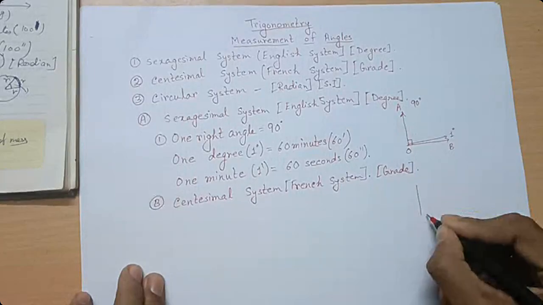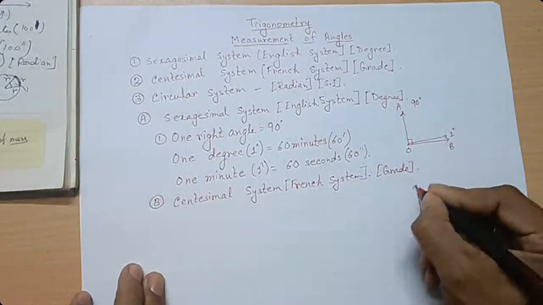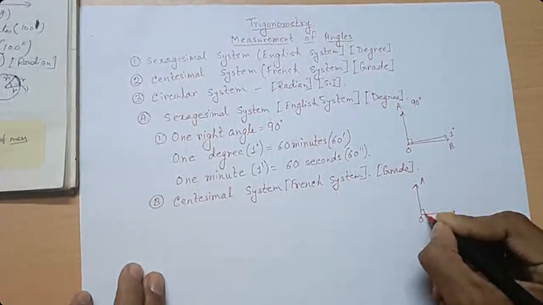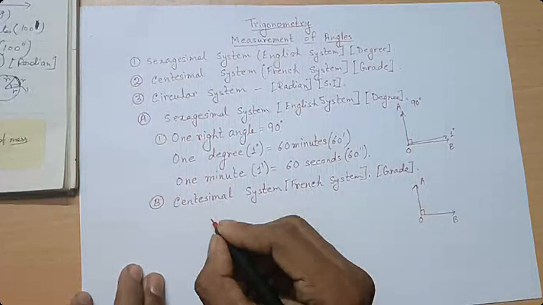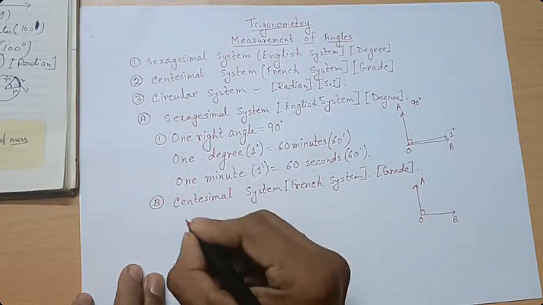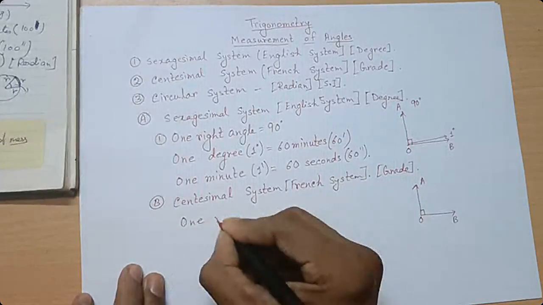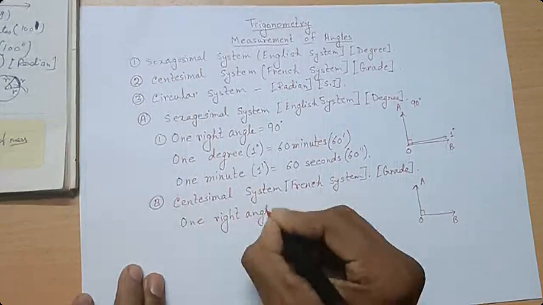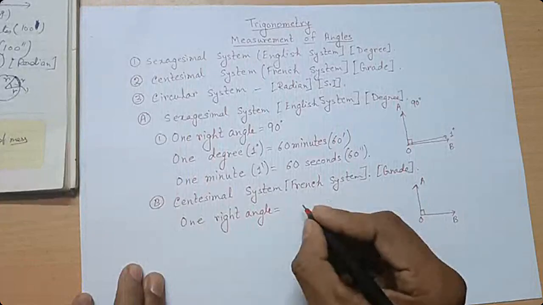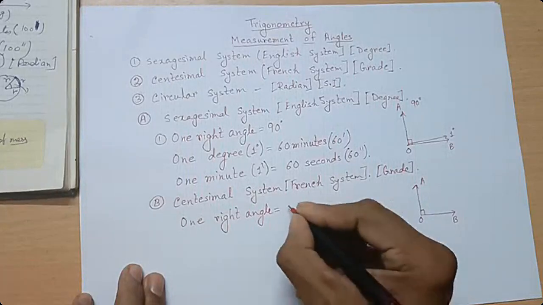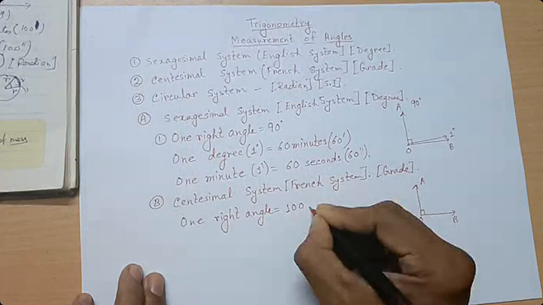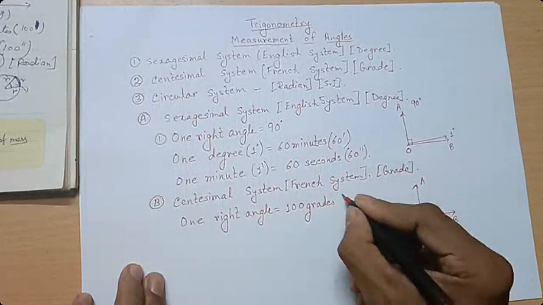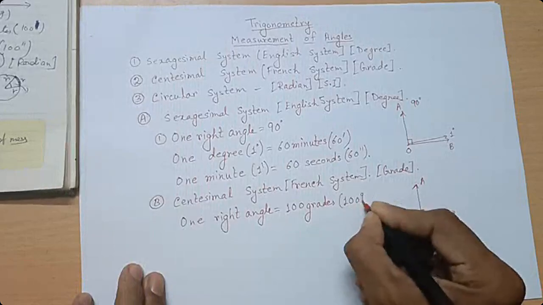Again, if we take a 90 degree angle AOB, in the centesimal system one right angle is equal to 100 grades.